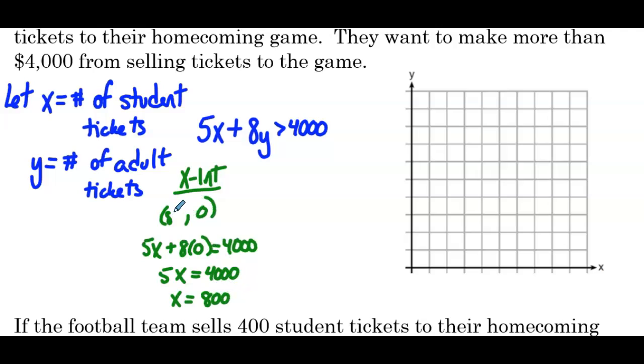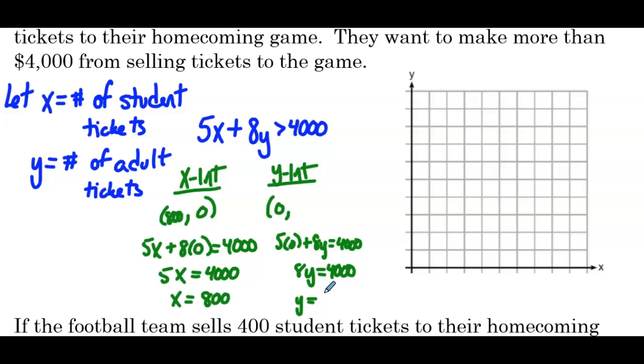Okay, so we have 800 comma 0. And then our y-intercept, when x is 0. So we have 5 times 0 plus 8y equals 4,000. 8y equals 4,000. Divide both sides by 8, and we get 500.